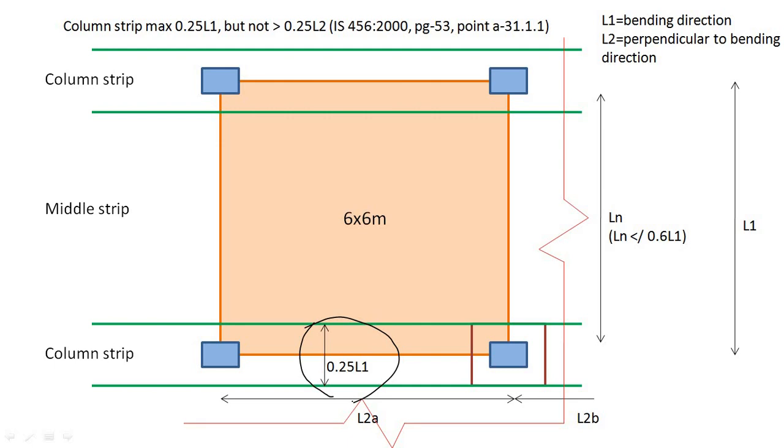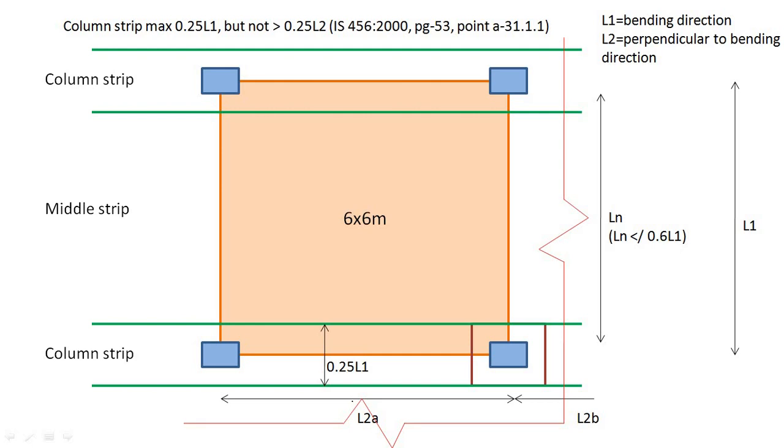So this is one of the provisions, and you have to maintain this width of the strip. How the width and everything will be decided, we will see in our future calculation. First you have to understand this.